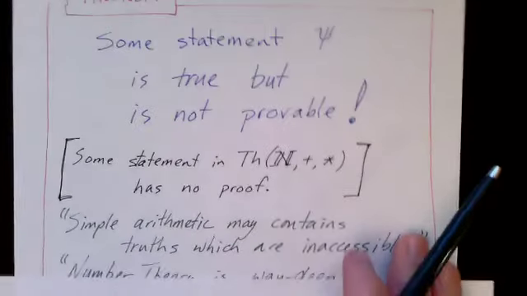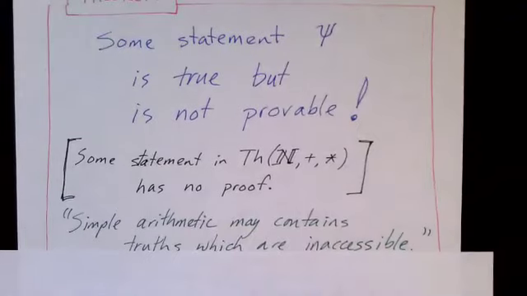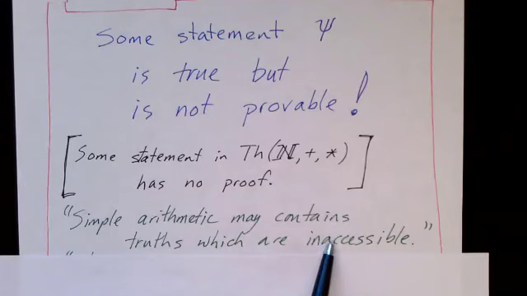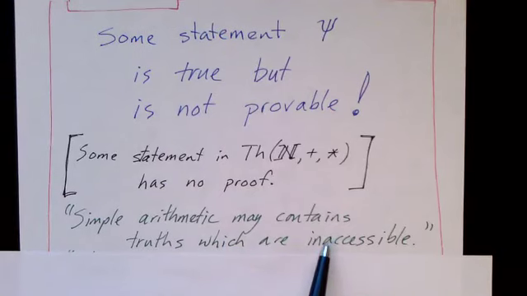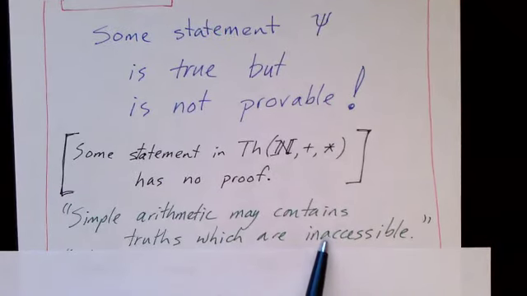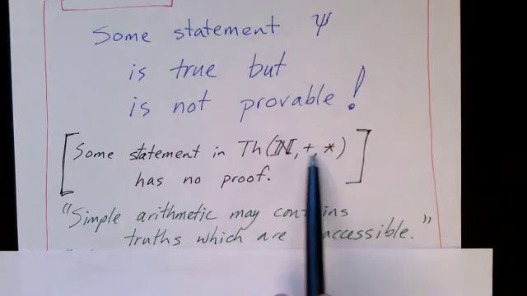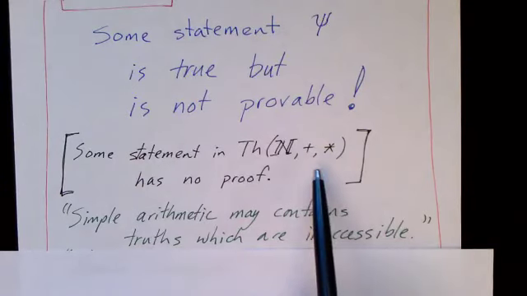I can paraphrase this as: even simple arithmetic contains truths that are inaccessible. We can't find proofs for them. The proofs don't exist. It's not a question of whether we find them, it's that they are true but not provable. And we don't need much more than addition and multiplication in order to get there.